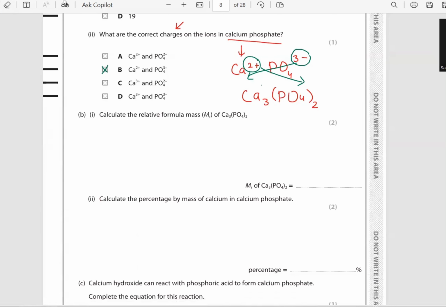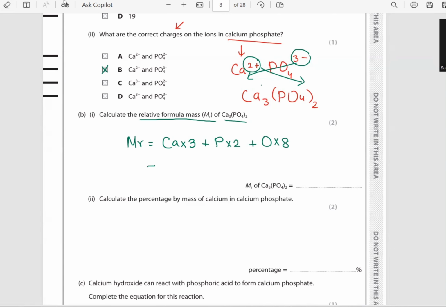Next question they are saying to calculate relative formula mass of calcium phosphate. So how to calculate MR? Calcium is 3 times, phosphorus is 2 times, oxygen is 4 times 2, 8 times.